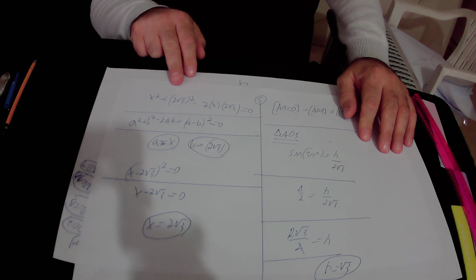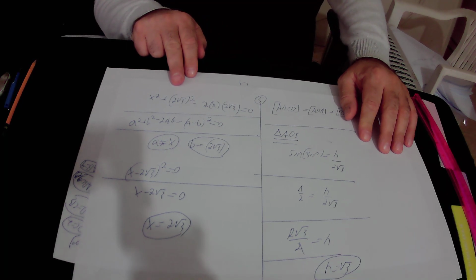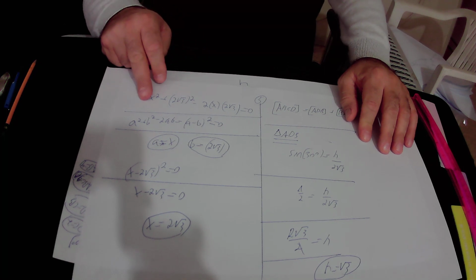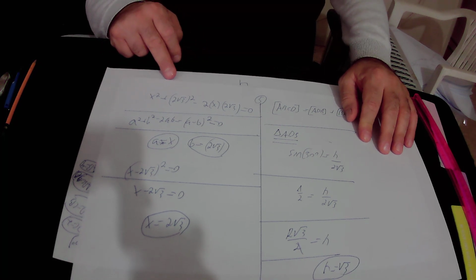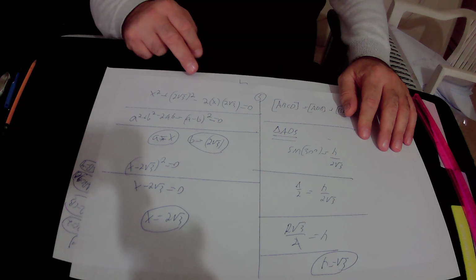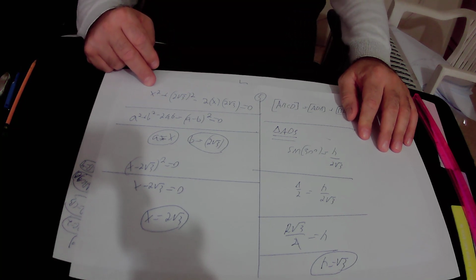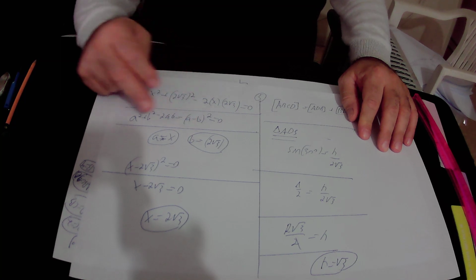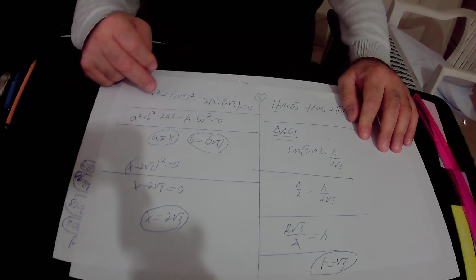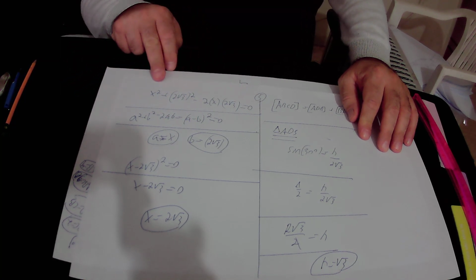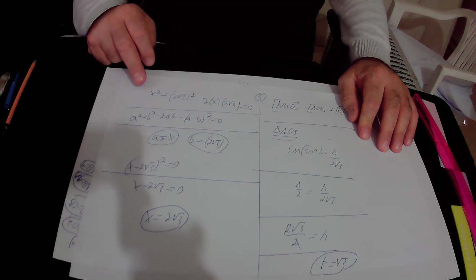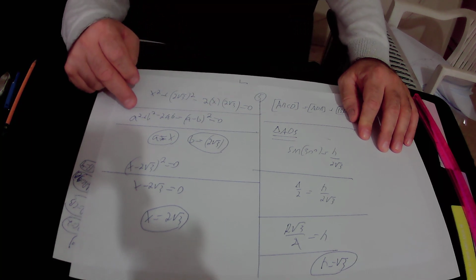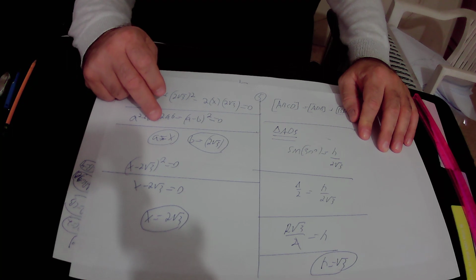This expression is very similar to the algebraic identity that states a squared plus b squared minus 2ab equals a minus b squared. In our specific expression, a equals x and b equals 2 times square root of 3.